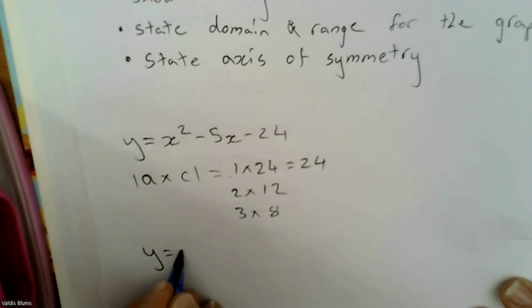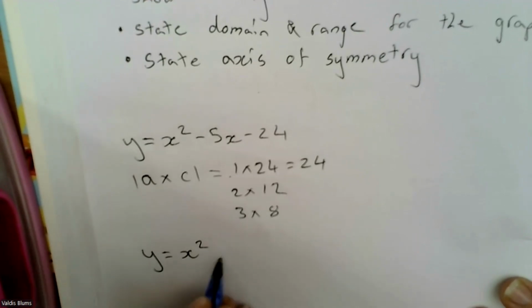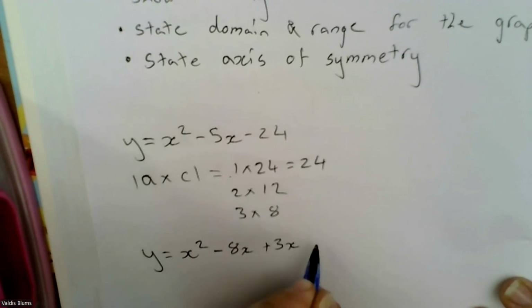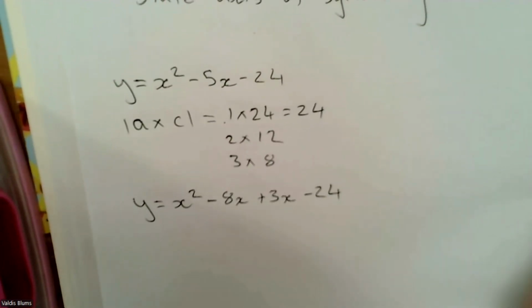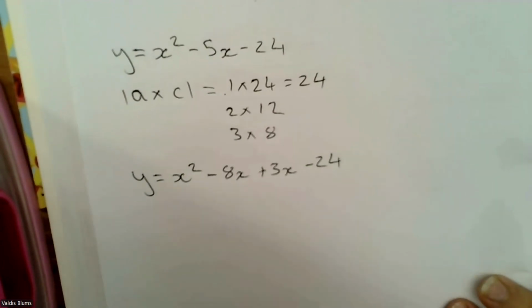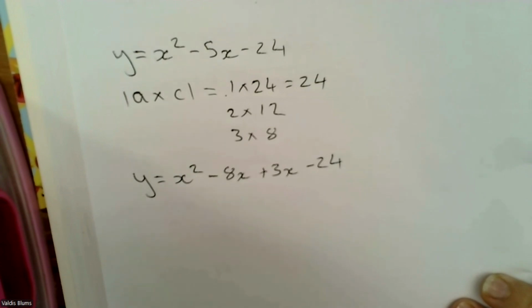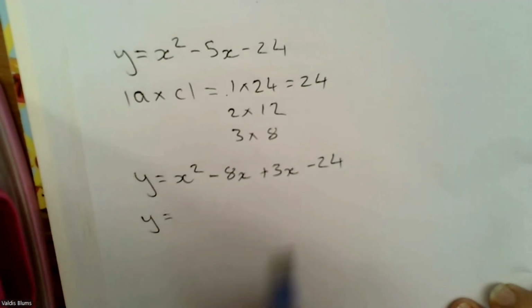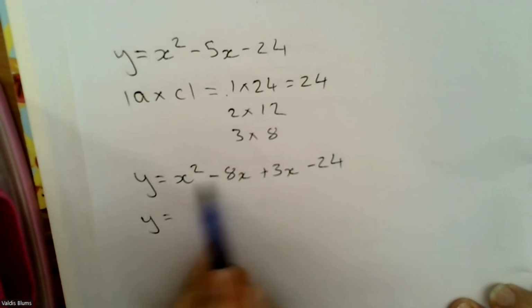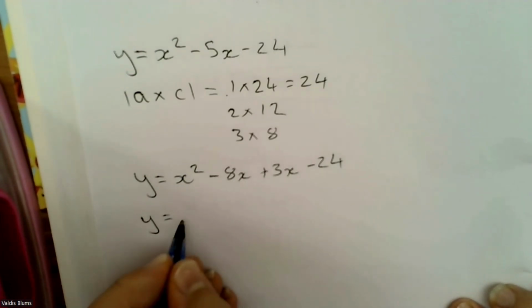So y is equal to x squared minus 8x plus 3x minus 24. Now, I'm going to use the decomposition method for this, but again, whether you use the decomposition method or the Australian method, we should get the same answer. Y is equal to, I'm looking at the first two terms, factorizing out what's common.